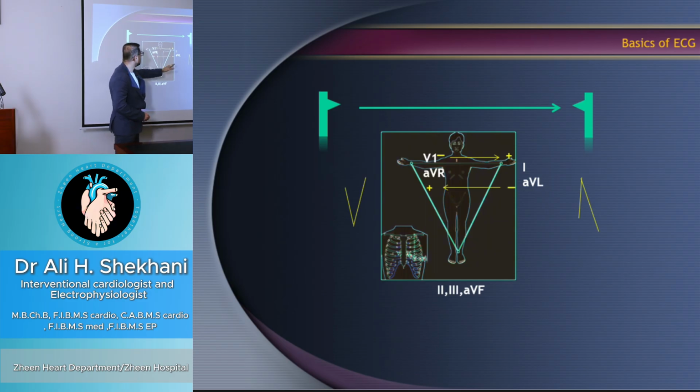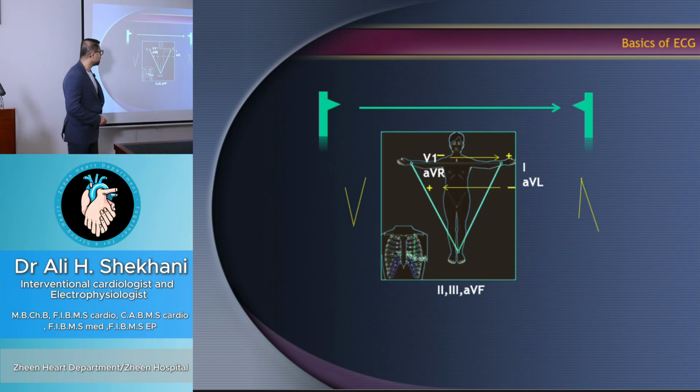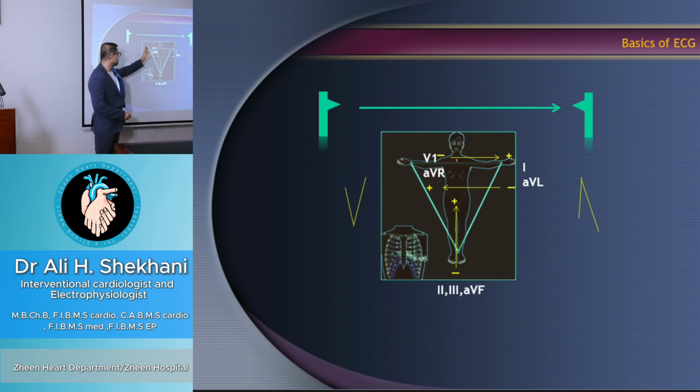In contrast, if it is from left to right, the AVR and V1 become positive and AVL become negative. And any signal from the inferior wall toward upwards, the inferior leads become negative.